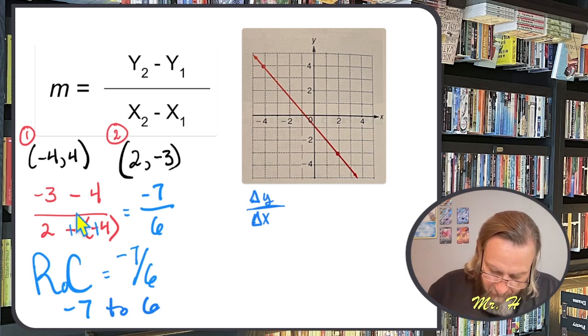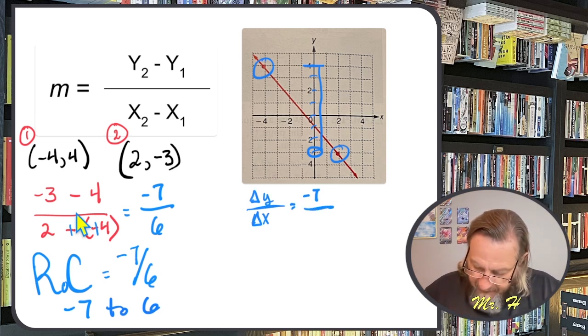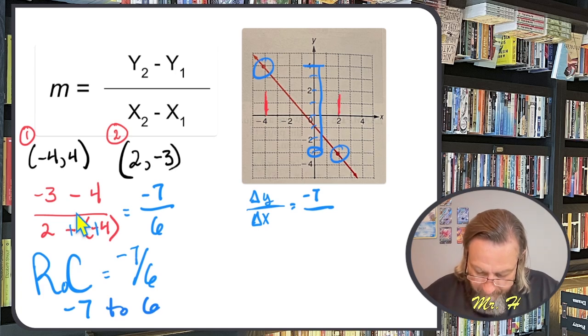The y value changes if we're going from right here to right here. The y value starts at 4 and goes all the way down to right here. How far is that? 1, 2, 3, 4, 5, 6, 7. And it's 7 down. So that's going to be -7. What does the x value do? The x value comes right from here and goes all the way to here.